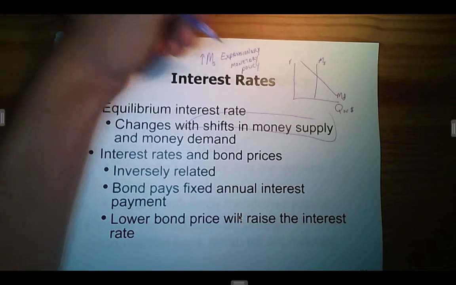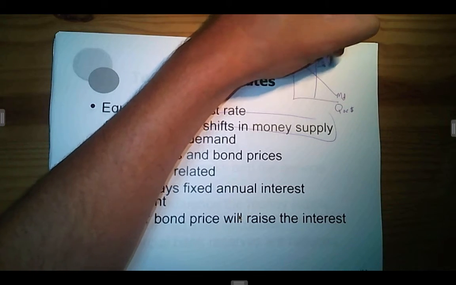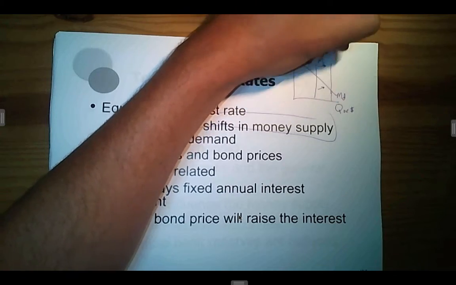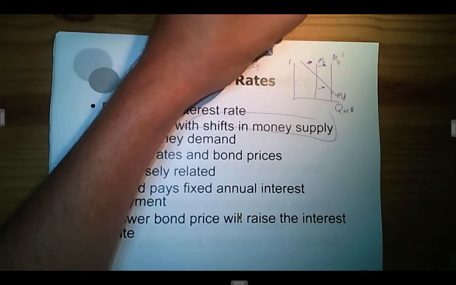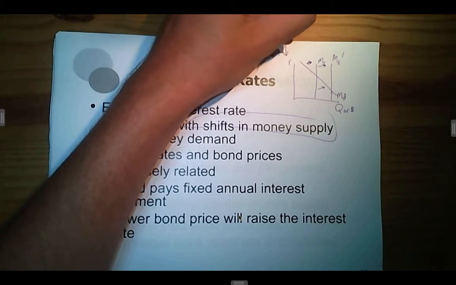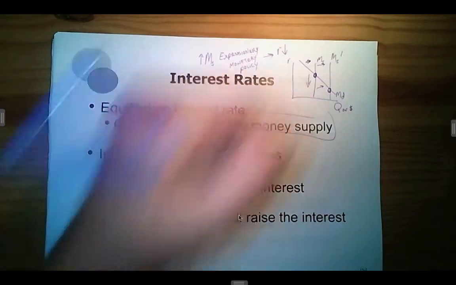What that does is shift my money supply curve, causing my equilibrium interest rate to fall.